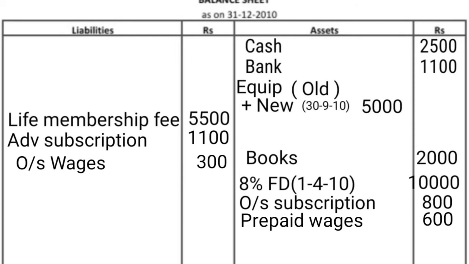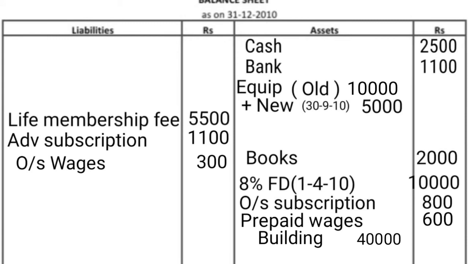This building is the old value. So this equipment is also the old value. So I will write here equipment old. Here we already wrote old rupees 10,000 and building rupees 40,000. We need to provide depreciation on building and equipment.